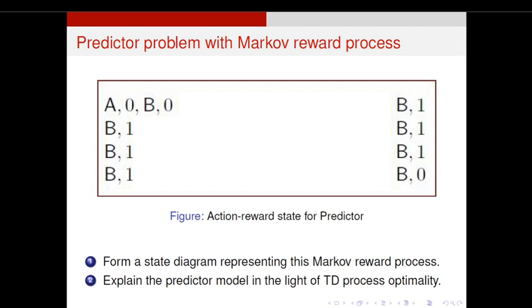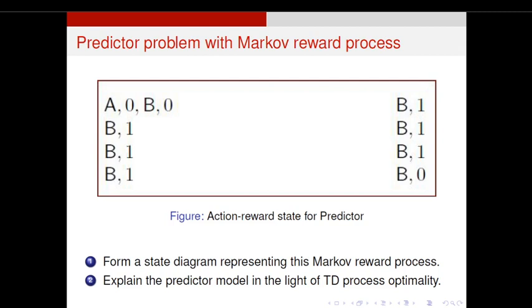Now we come back to A. From A to the terminal state there is only one path, and in that path the reward is 0. So from A to B there is only one reward possible, that is 0, and there is no other possibility for this agent to move from A to the end state.